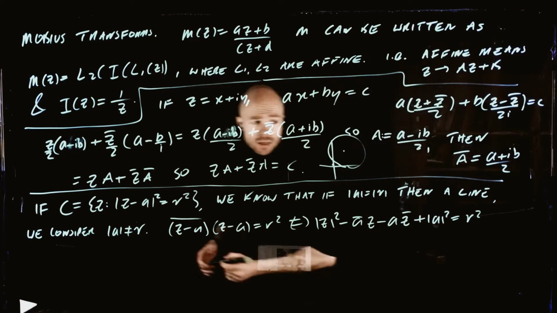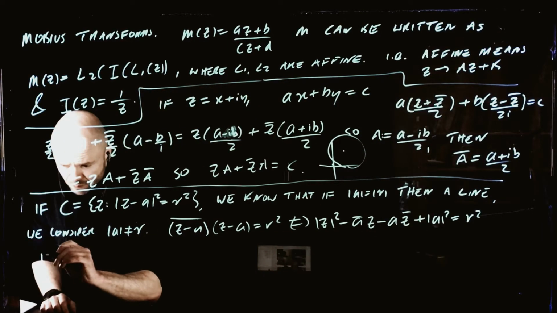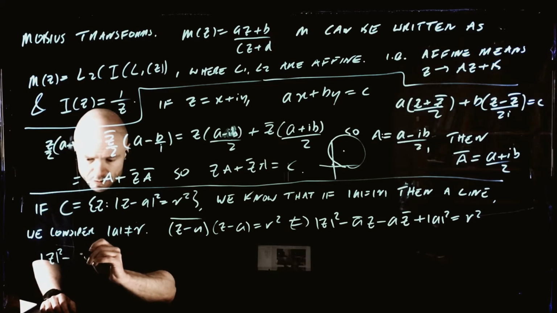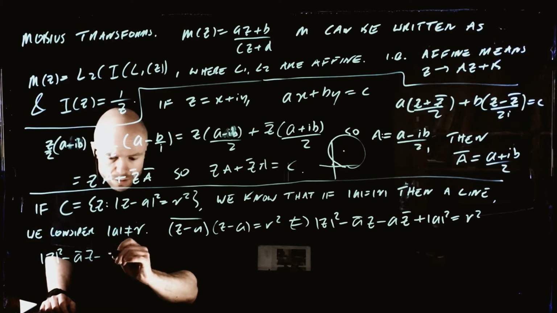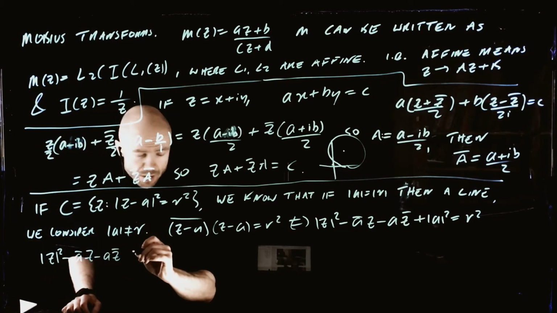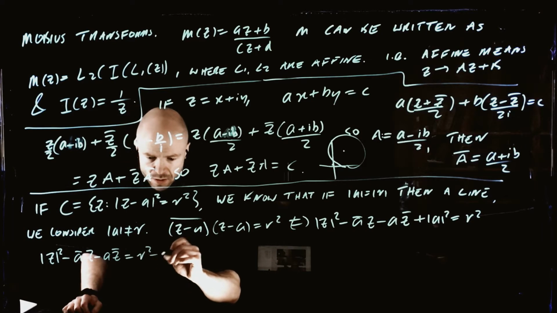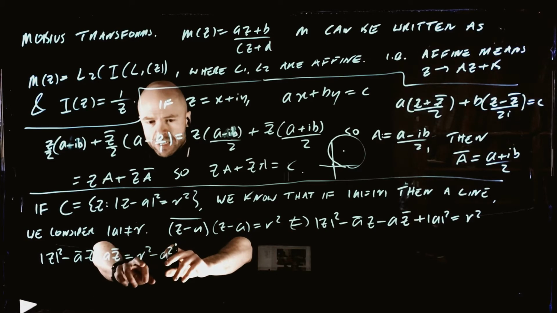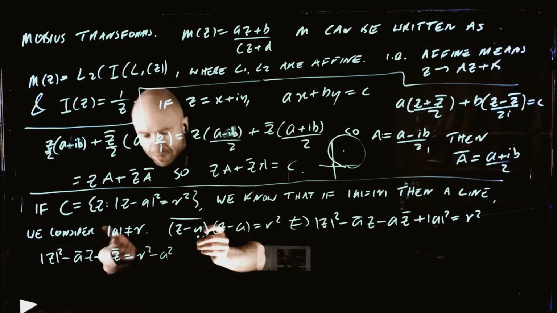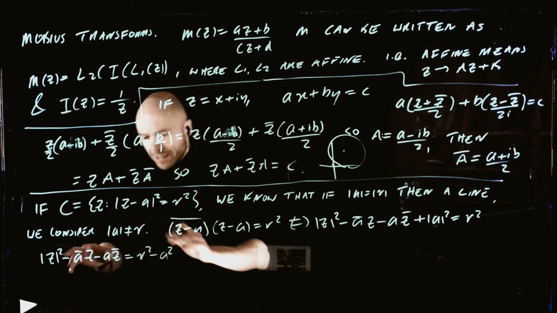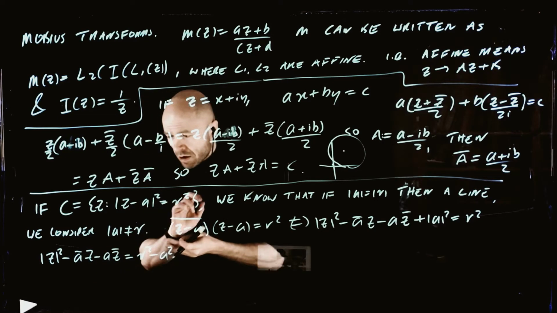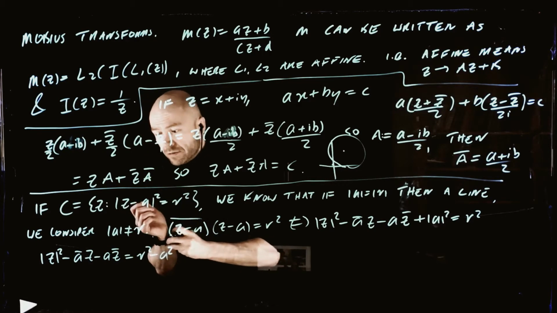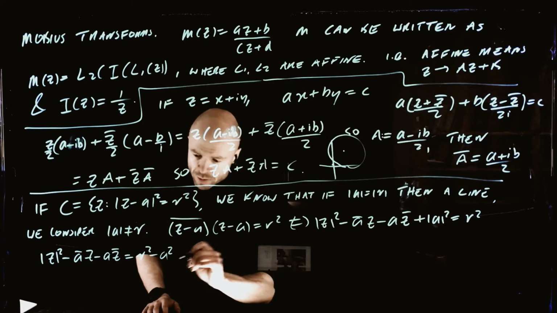Now we put the mod a squared on the other side, so we have r squared minus mod a squared like this, right? So last time this thing was 0, so we got a simplification, which isn't going to happen here. So this is not 0, and we are going to divide by mod z squared on both sides.